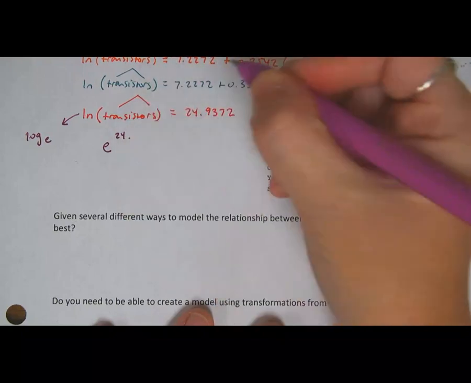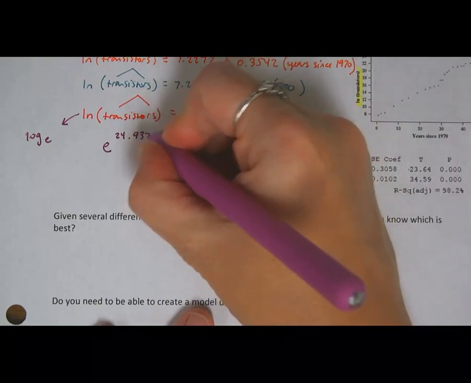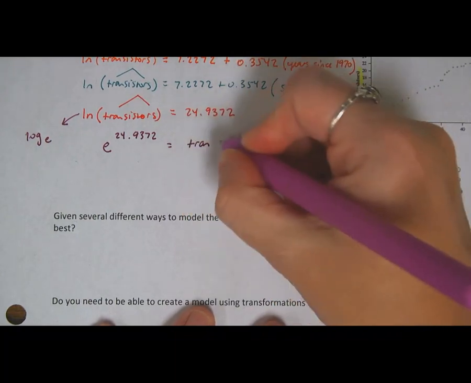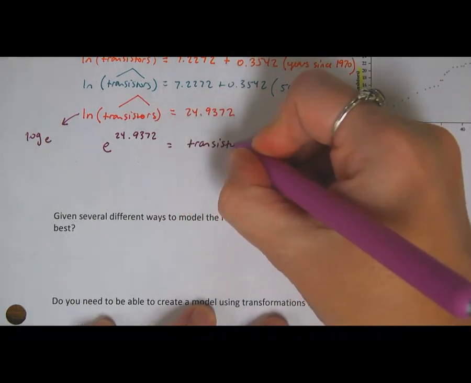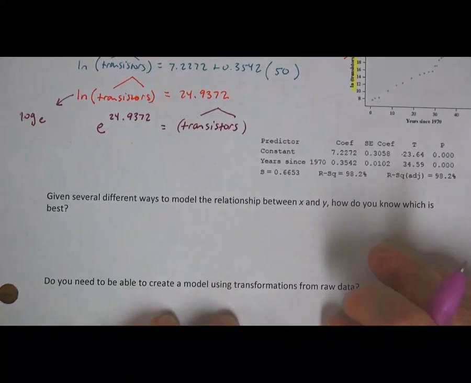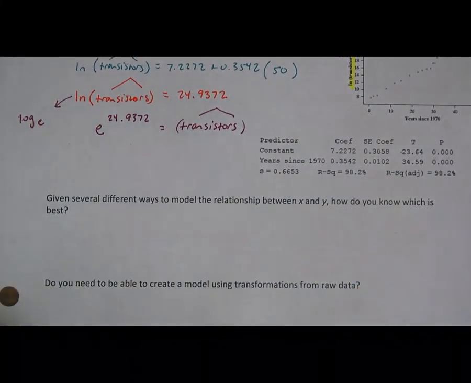The exponent is the 24.9372. If you use your calculator to find that, you'll be able to predict the number of transistors in the year 2020. So you have to hit second divide to get your E and raise it to the power of 24.9372.